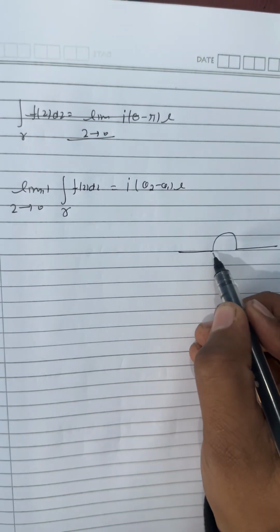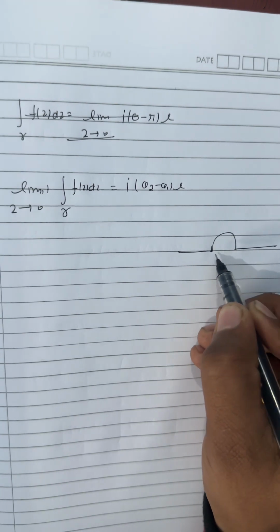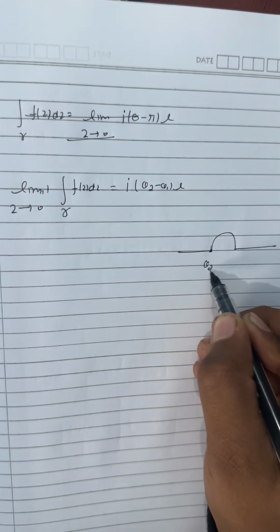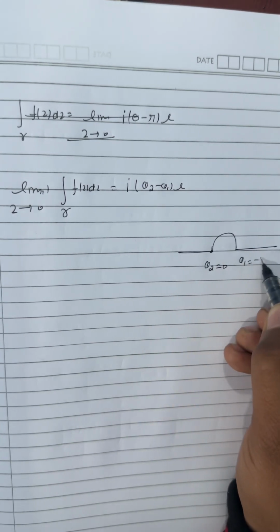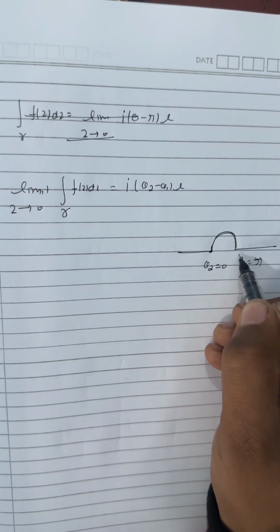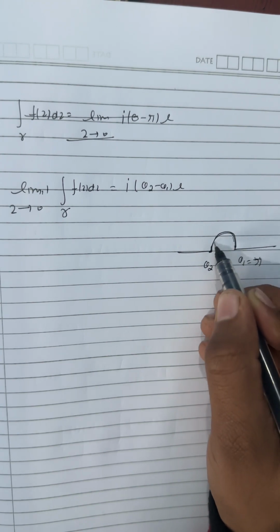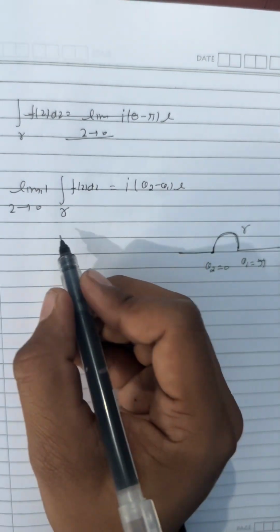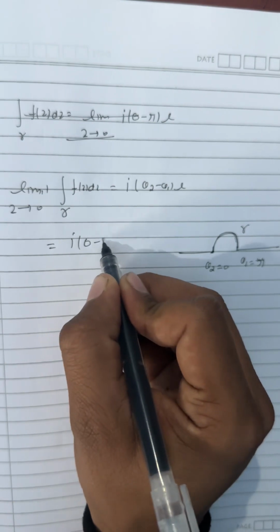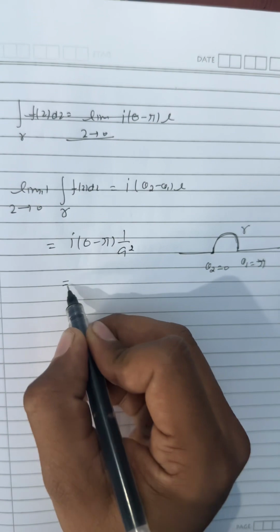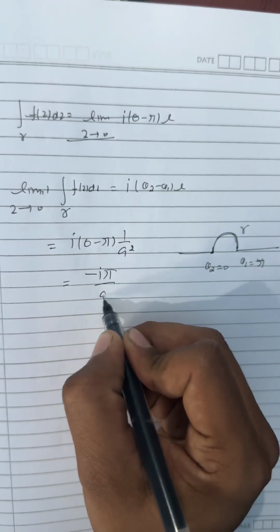Basically we are going from this to this. So theta 2 is 0 because we are moving from angle 0, and theta 1 is pi when we have completed the half circle. I am talking about small gamma. So this is going to be iota times 0 minus pi into L. What is the value of L? It is 1 by a square. So it is going to be minus iota pi upon a square.